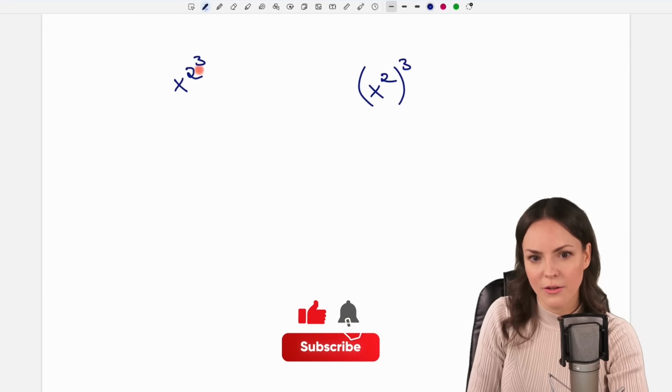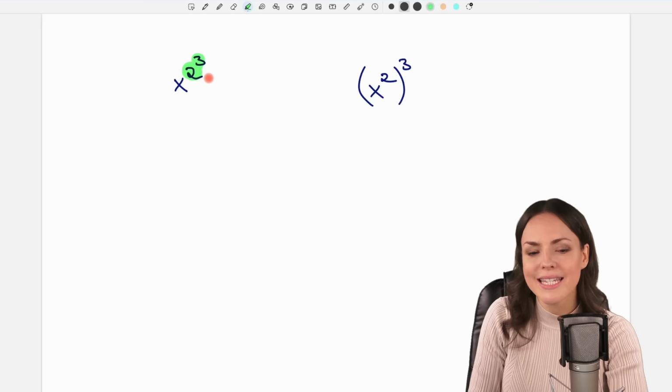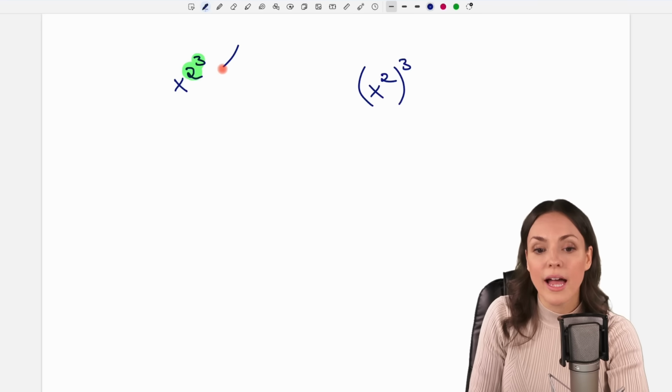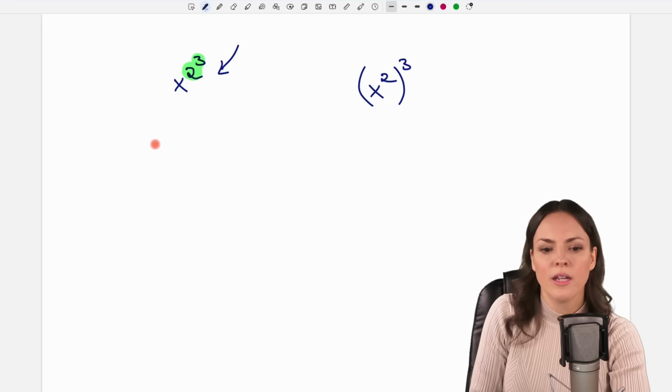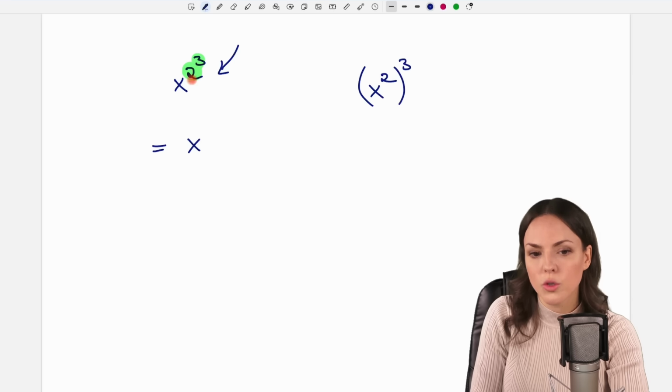Here, as we've said already, we have a power as our exponent, and exponentiation is right associative. This means that we have to start from the right with our calculations. In this case, this means that we would leave the x as it is and start here with 2 to the power of 3 with our calculations.